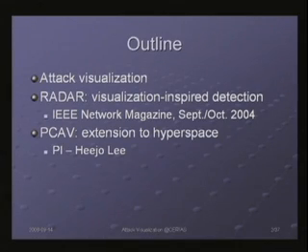And the third part is sort of an extension to an earlier work. I'm not working on this, but my colleague at Korea University is. It's called PCAV, Parallel Coordinate Attack Visualization. And so we will talk about these three things in this talk.